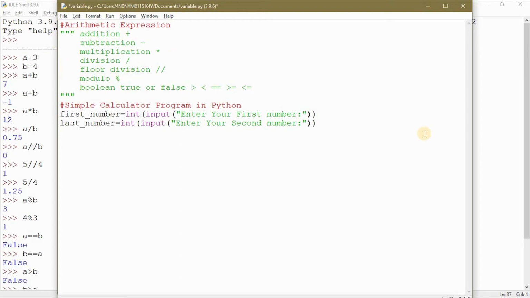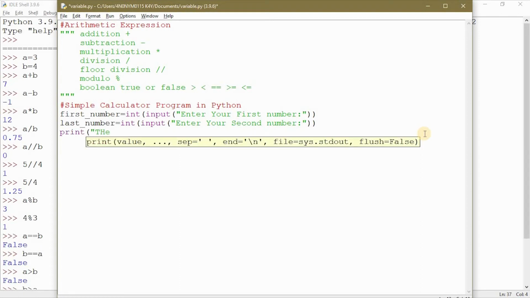So I'll just say print, the addition is, comma, first number plus last number.